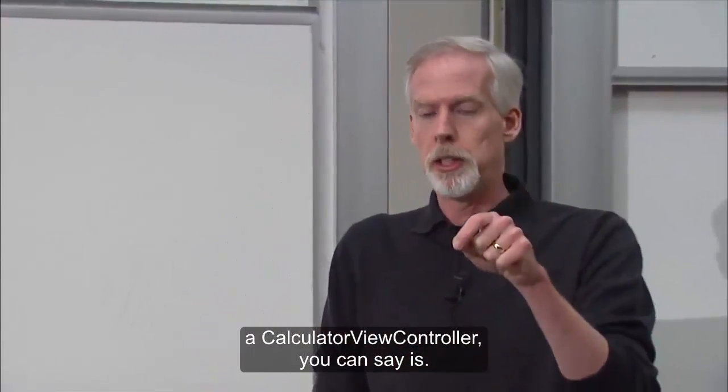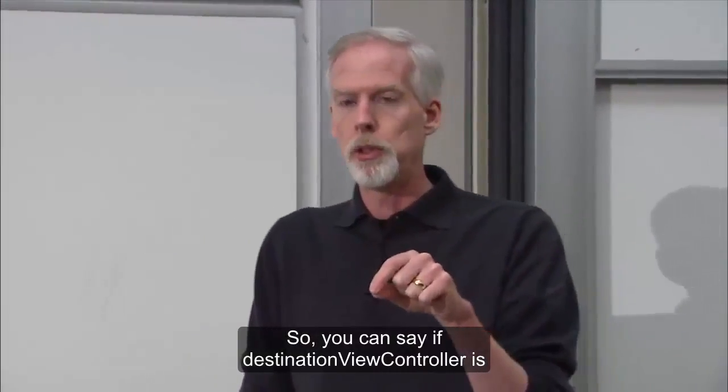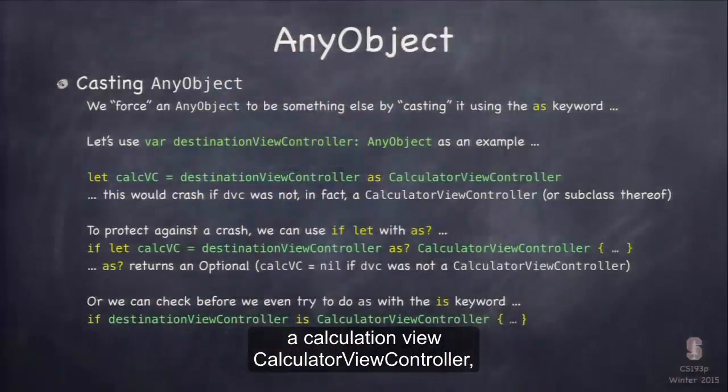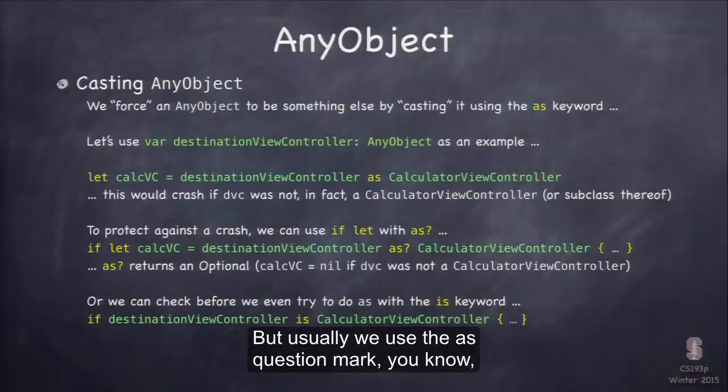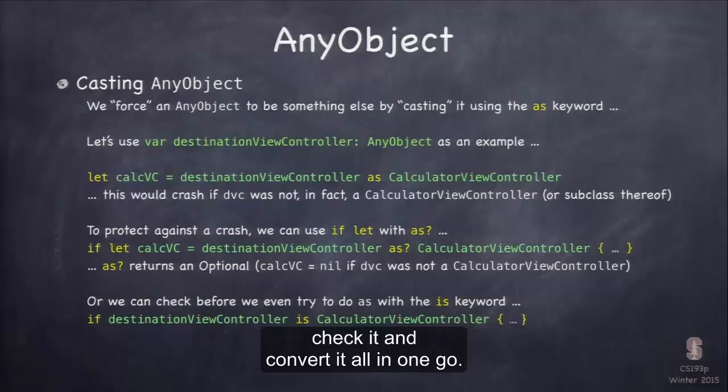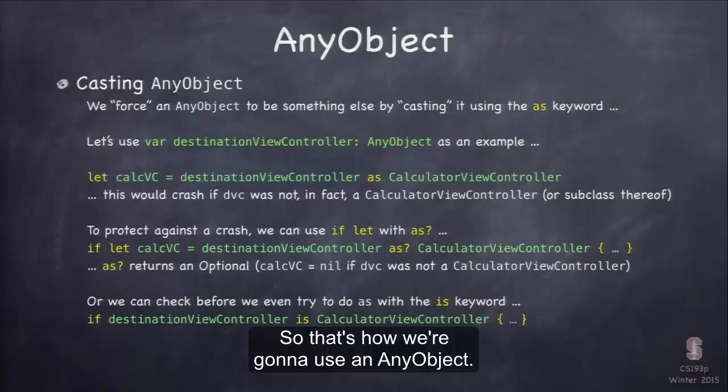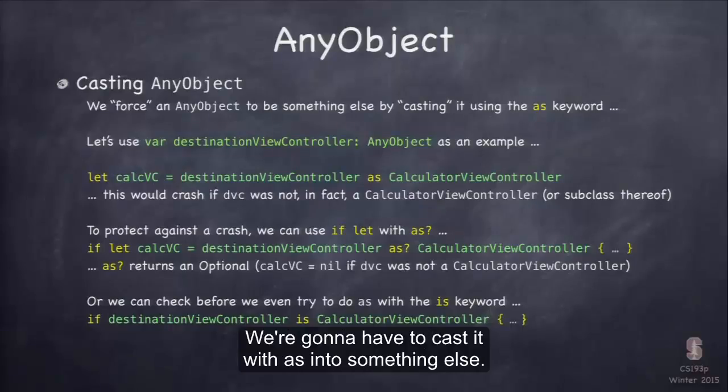You can say is. So you can say if destination view controller is a calculator view controller, then I'll go ahead and then I can do the as, for example. But usually we use the as question mark, you know, check it and convert it all in one go. Okay? So that's how we're going to use an any object. We're going to have to cast it with as into something else.